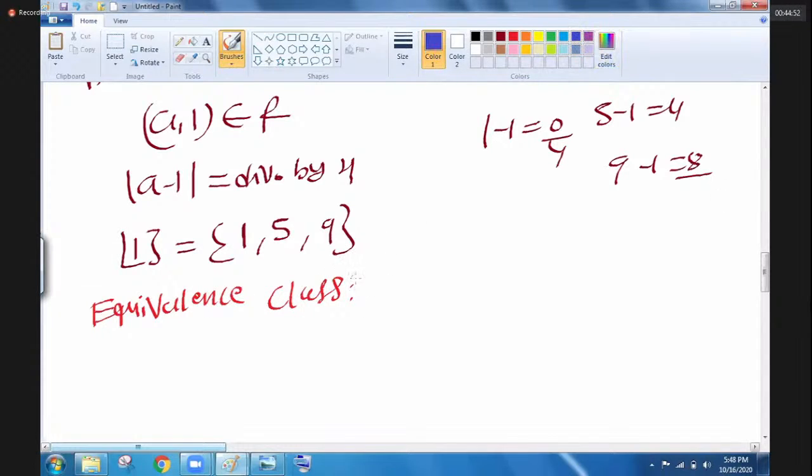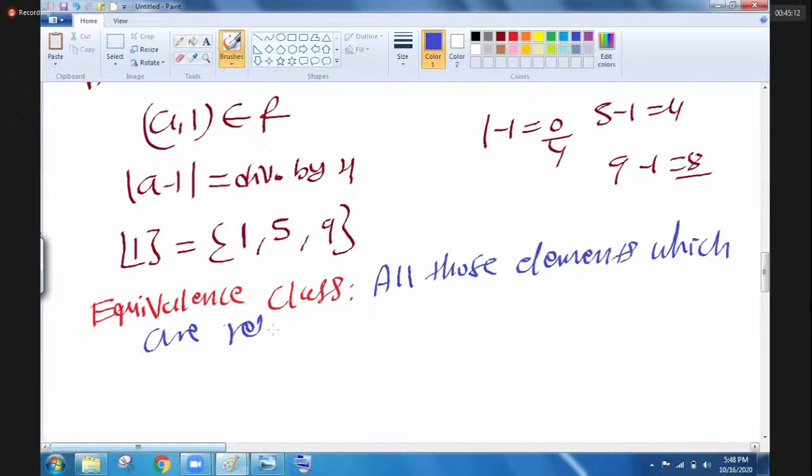Equivalence class is all those elements which are related to the given element. Simple thing. So this is the equivalence class of 1. Please write it. All those elements which are related to the given element.